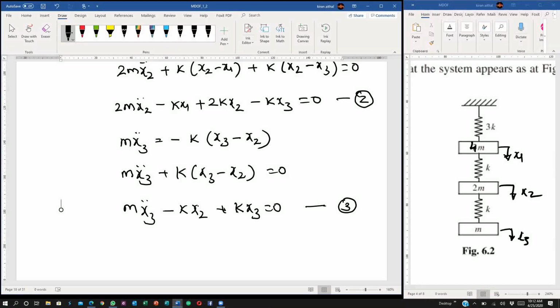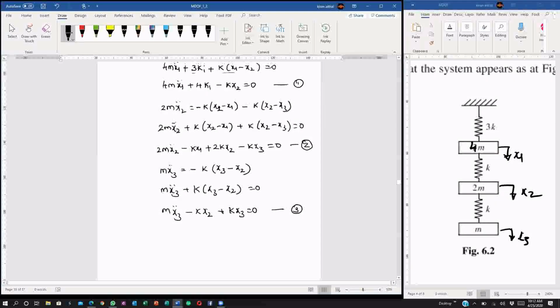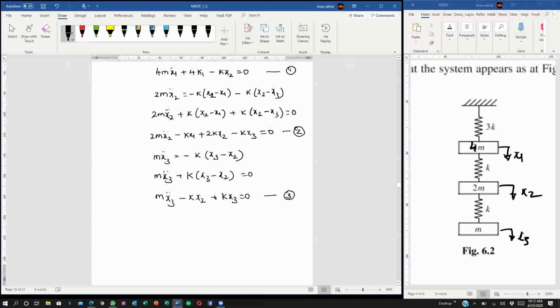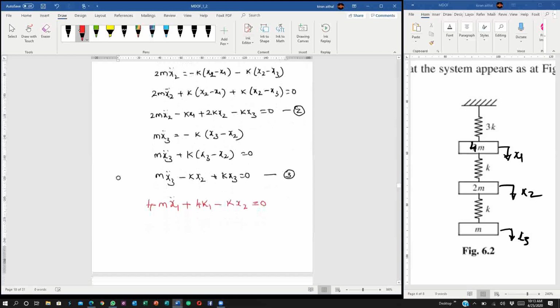Okay, so now I am going to take all these 3 equations and rewrite them. What does it become? 4m x1 double dot plus 4k x1 minus k x2 is equal to 0.